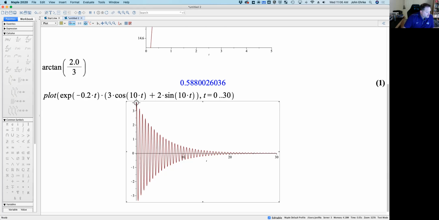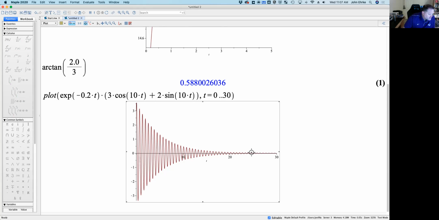So let's count the peaks. We've got 1, 2, 3, 4, 5, 6, 7, 8, 9, 10, 11, 12, 13, 14, 15, 16, 17, 18, 19, 20, 21, 22, 23, 24, 25, 26, 27, 28, 29, 30, 31, 32, 33, 34, 35, 36, 37, 38, 39, and number 40 happens right at the 25-second mark.